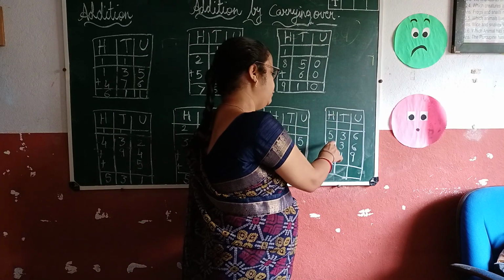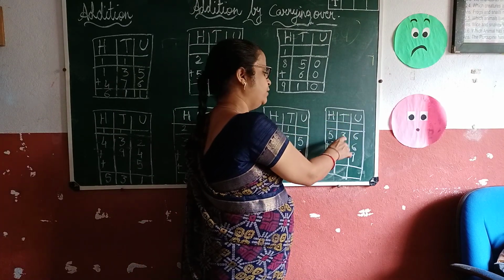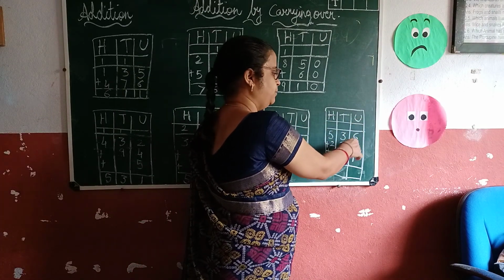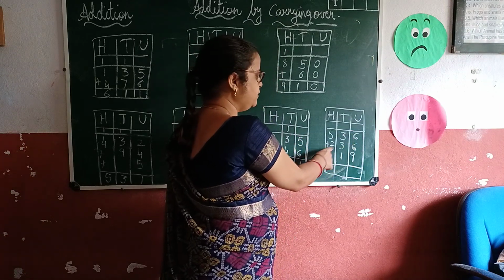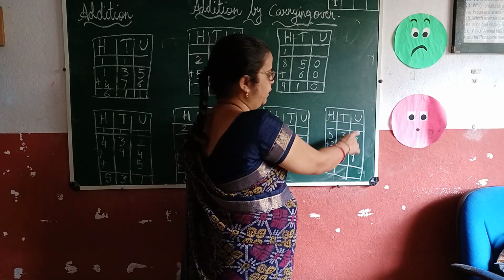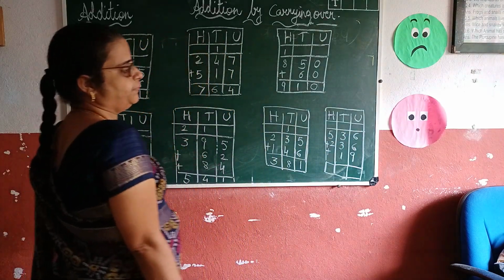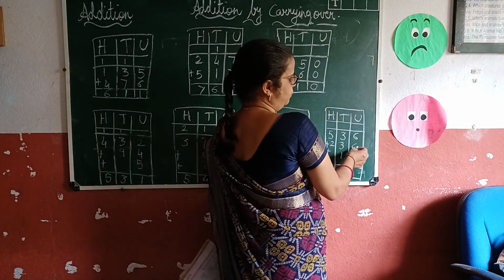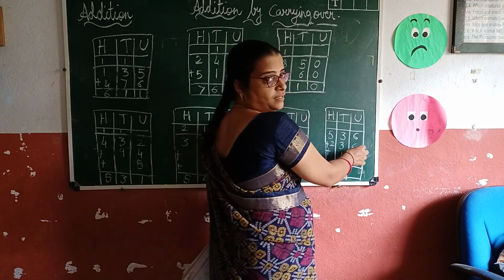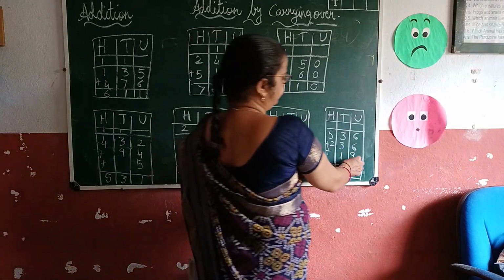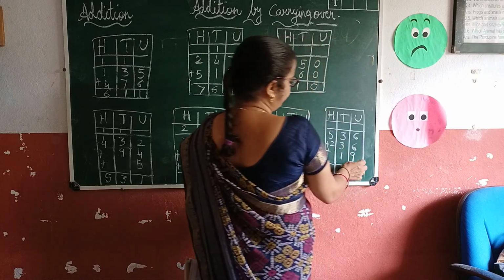Again, in the hundreds column they have given 2, in the tens column 3, in the units column 6. So plus, in the tens column they have given 1 and in the units column 9. So what will be the answer here? 6 units plus 6 units, how many? 12 units. 12 units plus 9 is 21.